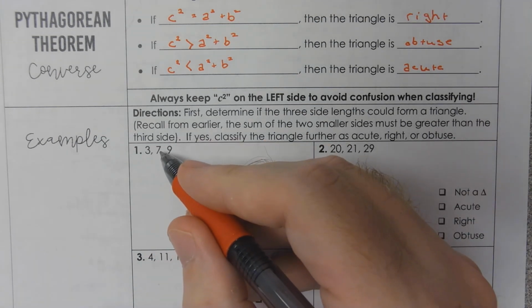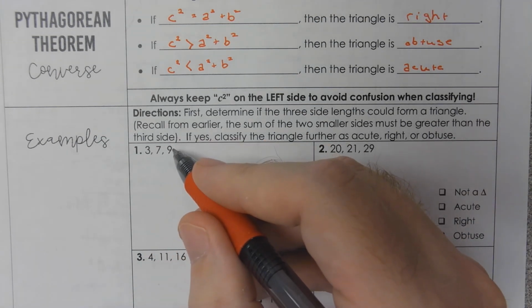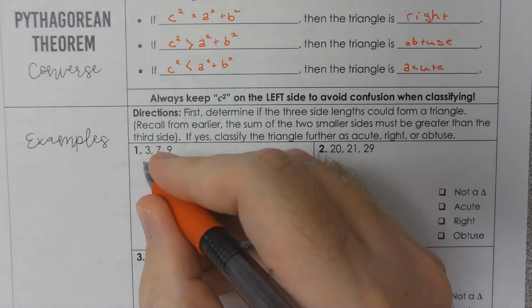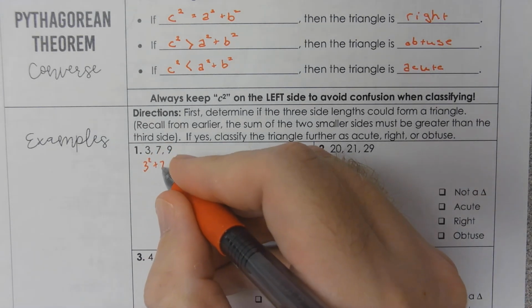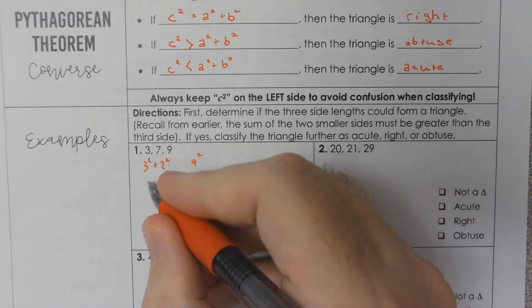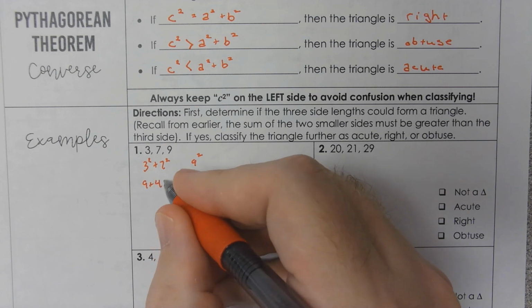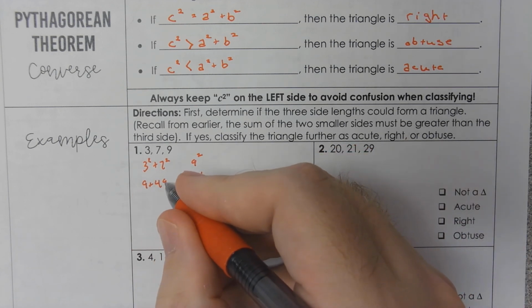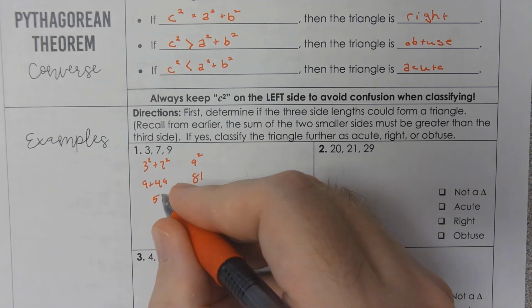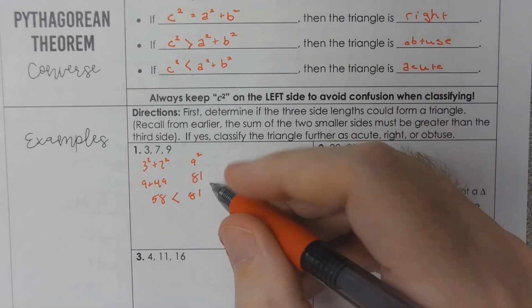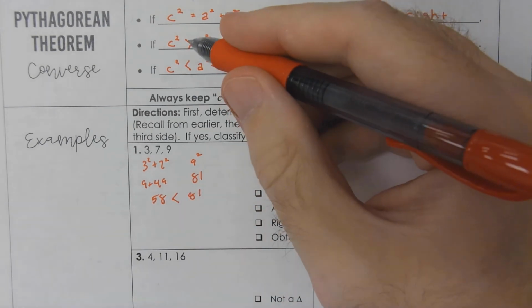So, 3 plus 7 is 10. That's bigger than 9, so yes, it makes a triangle. So, 3 squared plus 7 squared and 9 squared. Well, that's 9 plus 49, which is 58, and 81. 81 is greater than 58.